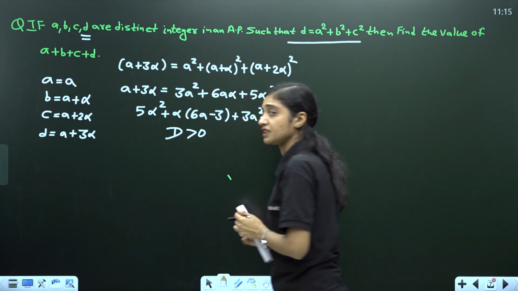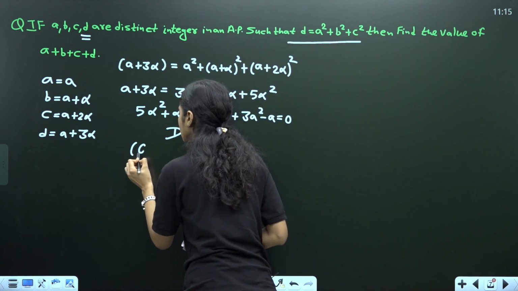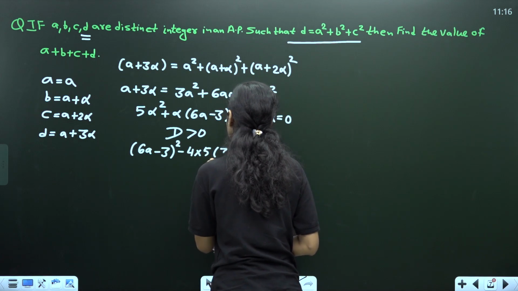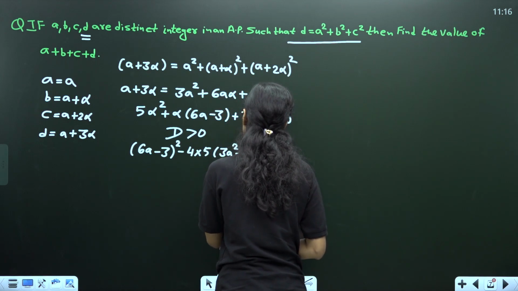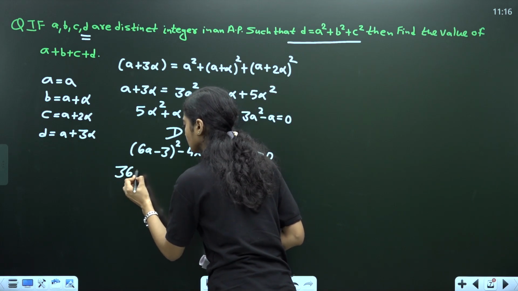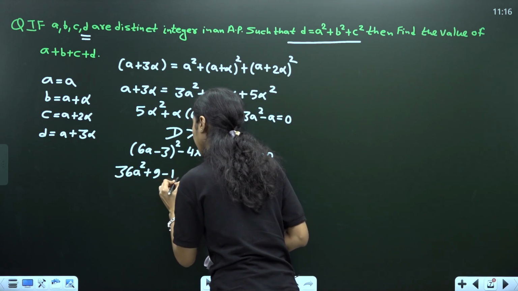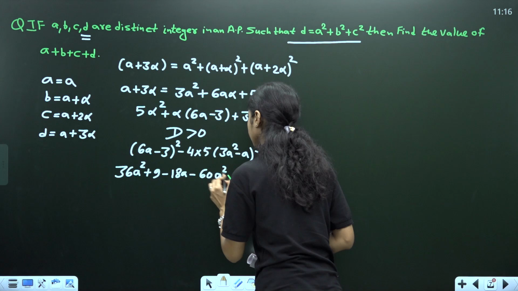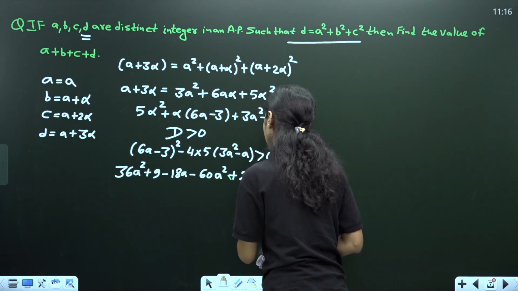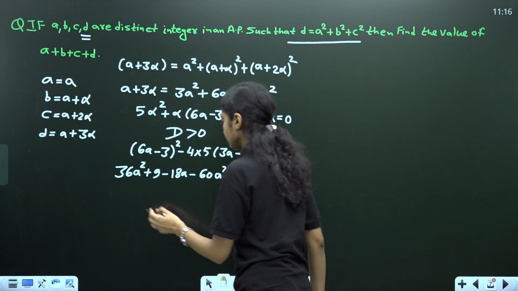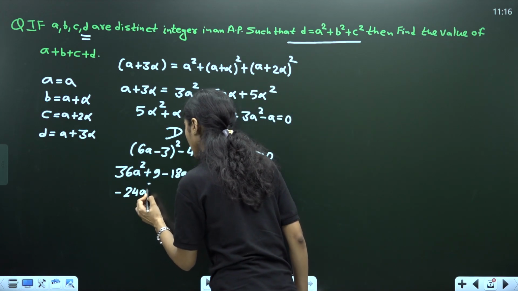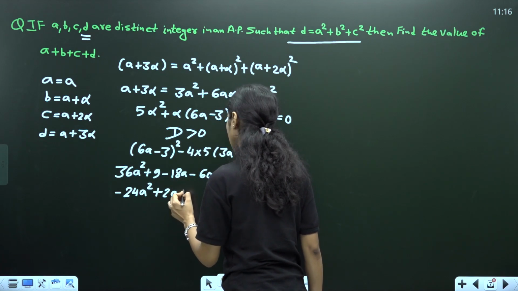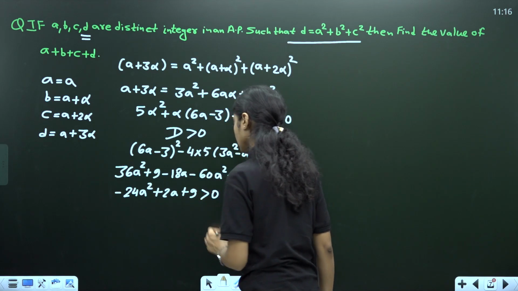D greater than 0 for the distinct values. Then (6a minus 3) square minus 24 times (3a square minus a) greater than 0, and 9 greater than 0.